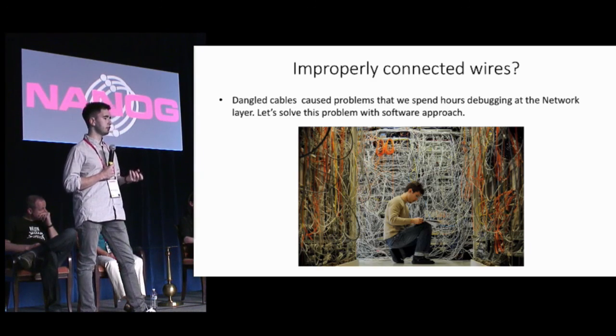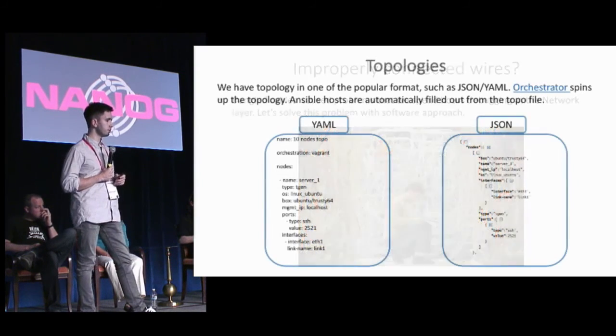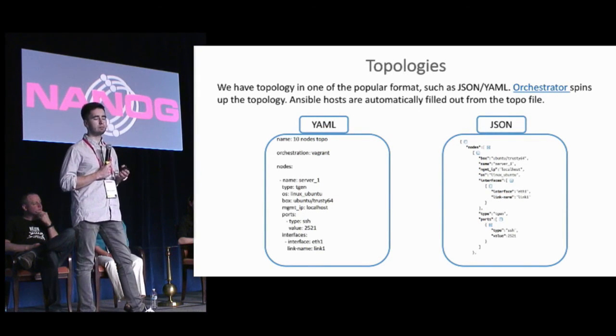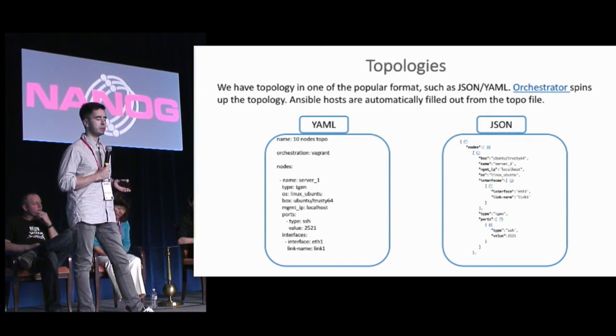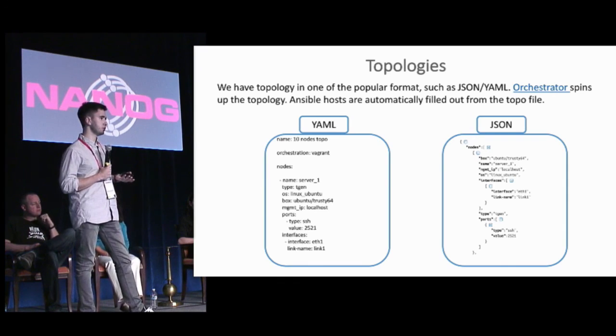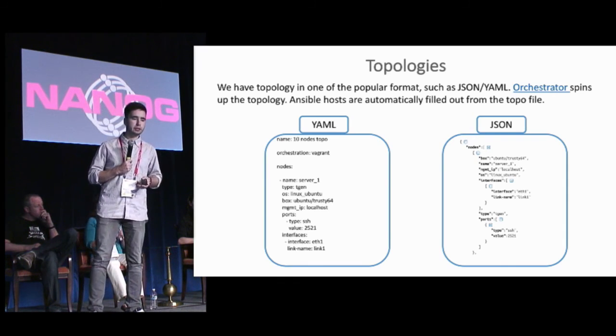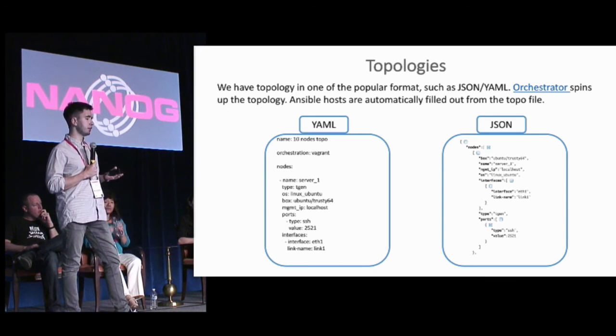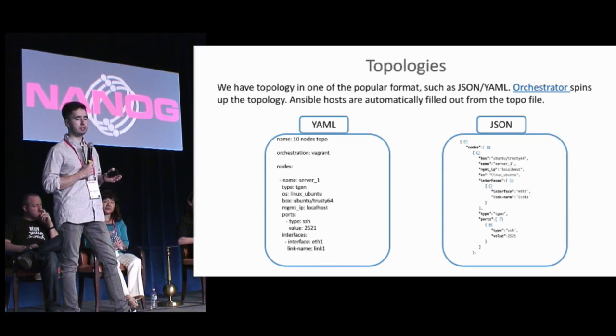So how are we doing it? At first, you need some kind of topology representation, and different solutions are available. The most popular topology representation formats would be YAML and JSON. You just specify your nodes and everything needed.